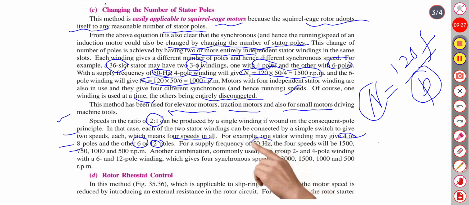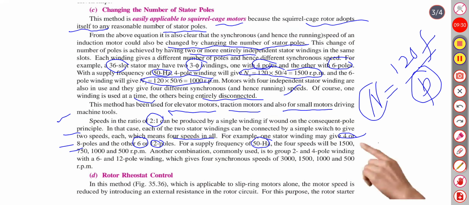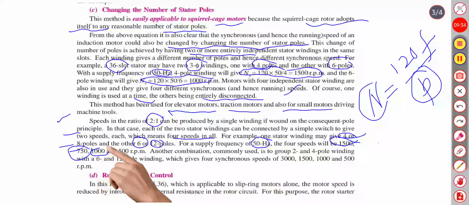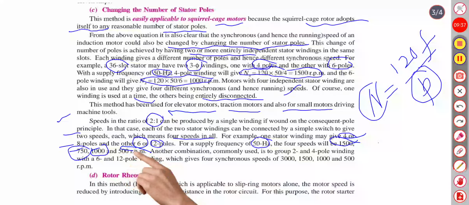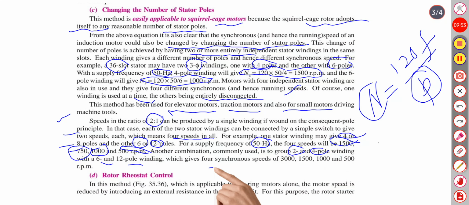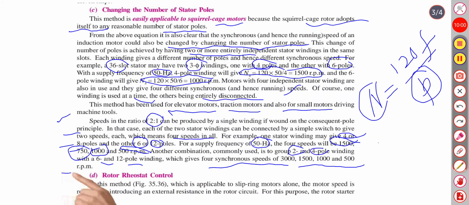For a supply frequency of 50 Hz, 4 speeds of 1500, 750, 1000 and 500 rpm can be achieved. Another combination commonly used is a 2 and 4 pole winding with a 6 and 12 pole winding, which gives synchronous speeds of 3000, 1500, 1000 and 500 rpm.